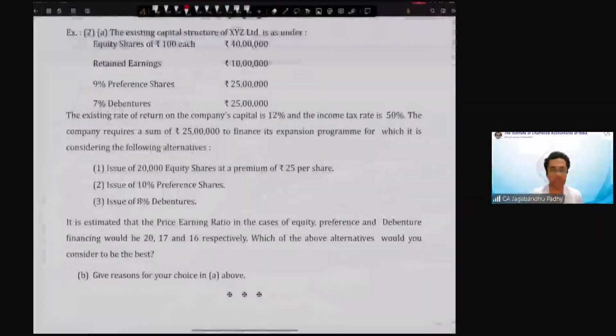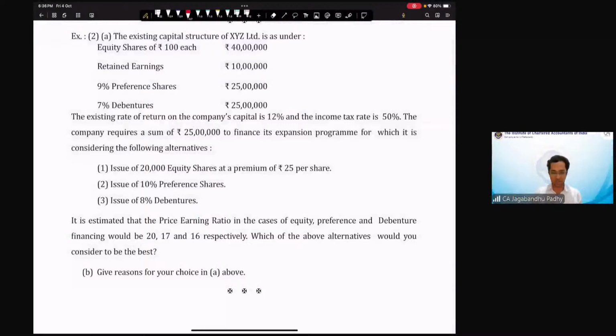The first one is getting it by way of equity shares, which will be issued at a premium of 25 per share. In the first case, what will be the issue price of each share? Face value is 100 rupees, and with a premium of 25, 125 will be the issue price.